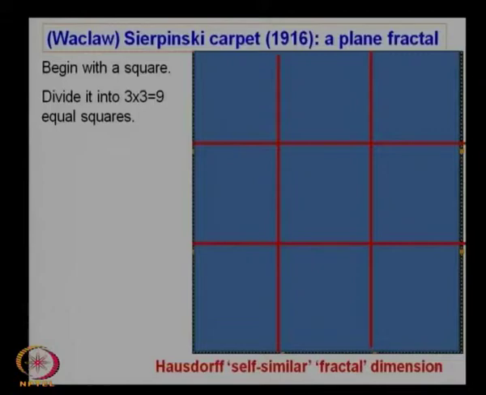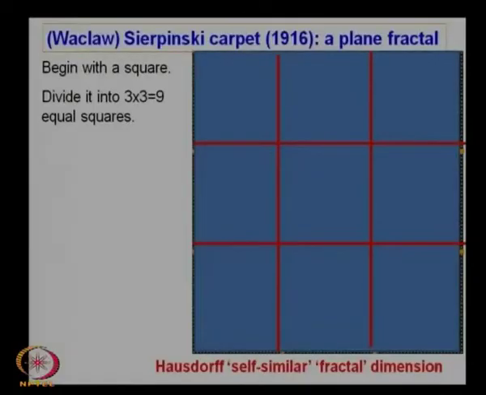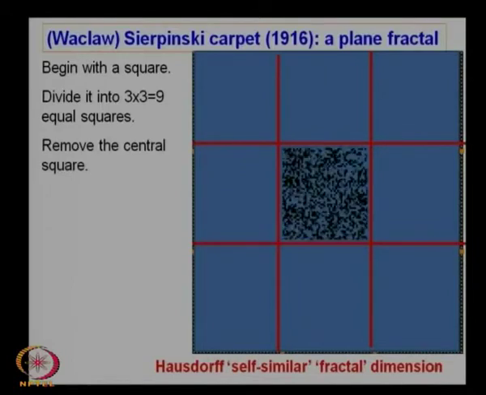right. So what you have done here is to begin with a square, divide each side into 3 parts, right, and now take the central part and remove it. So this piece is gone.